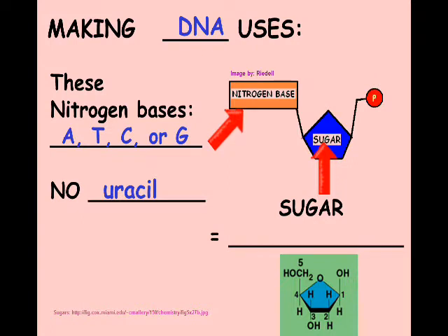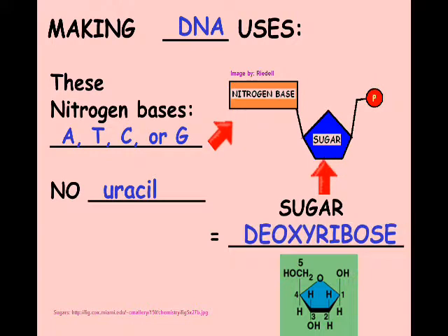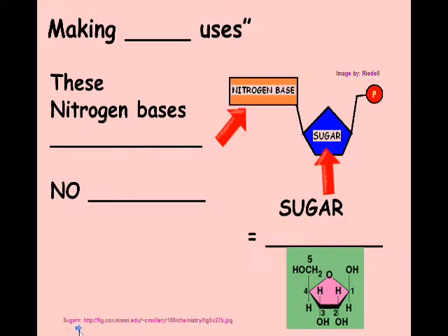So if I'm making DNA, I can't use uracil as one of my choices for a nitrogen base. In the sugar spot, I'm going to put that deoxyribose sugar. And so once I put my nucleotide together, I can use that to join together to make a bigger molecule, a nucleic acid.